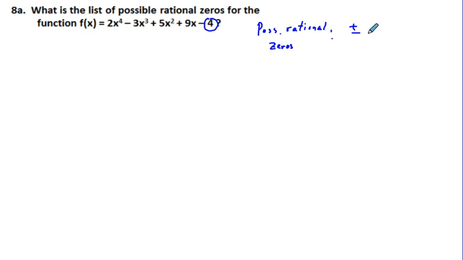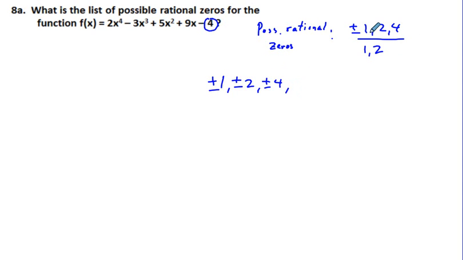And so what are the factors of 4? 1, 2, and 4, over the factors of the coefficient of the first term, which is going to be 2, so we have 1 and 2. So we're looking for the combinations here. So I'm going to put our answer as plus or minus 1 over 1, plus or minus 2 over 1, and finally plus or minus 4 over 1.